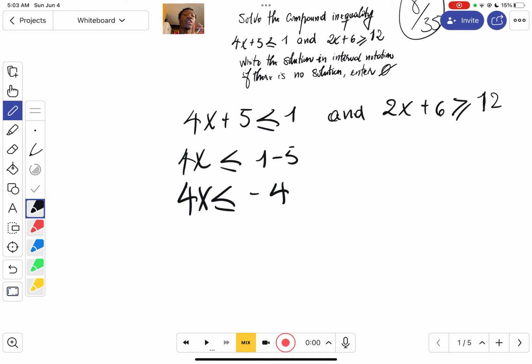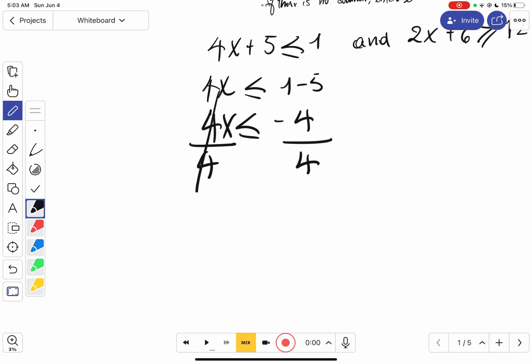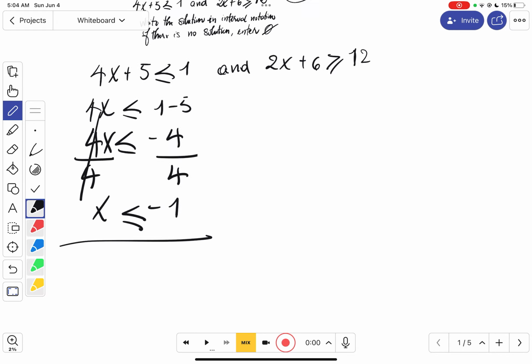To cancel the 4 and get the x by itself, you divide by 4, so you have the same thing at the top and bottom and cancel everything out. So we have x left with negative 4 over 4, which is negative 1: 4 over 4 is 1, and negative over positive is negative. That's why we have x less than or equal to negative 1.